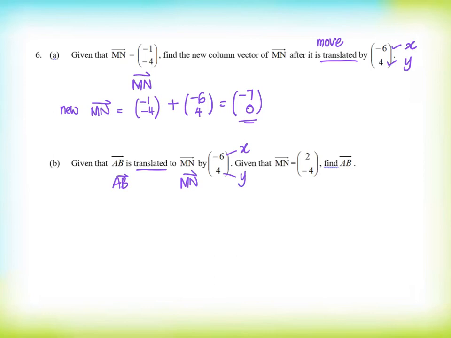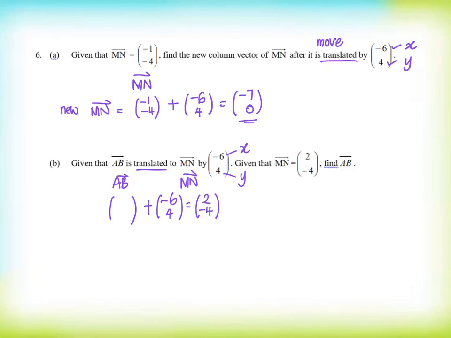So given that MN is equals to 2, negative 4, they asked me to find AB. Where did I start from originally? I started off from AB. But I do not know what AB is, so I'm going to leave it. And then I shifted by a translation vector, negative 6, 4. And that gives me MN. MN is now 2, negative 4.